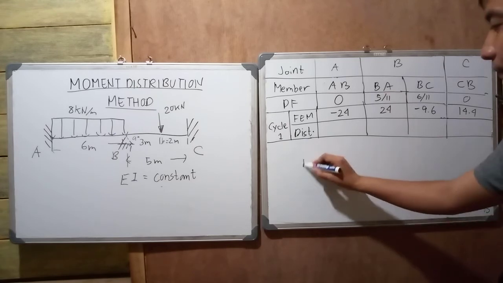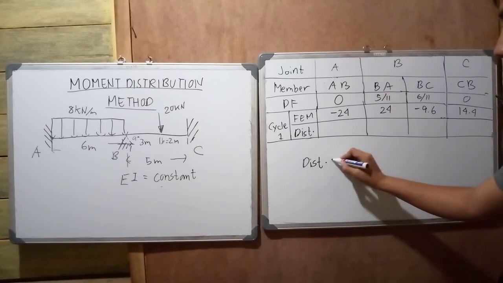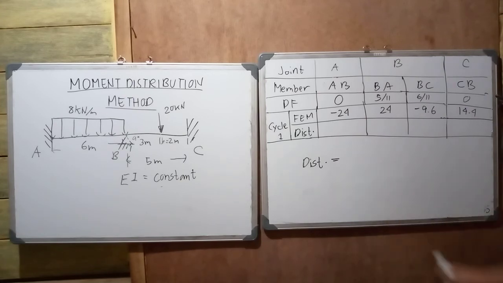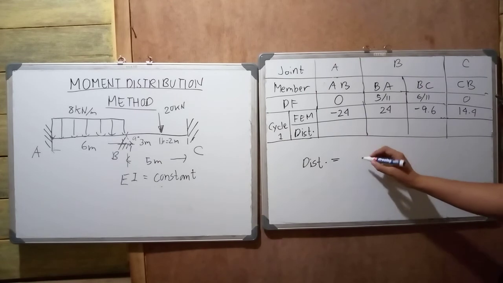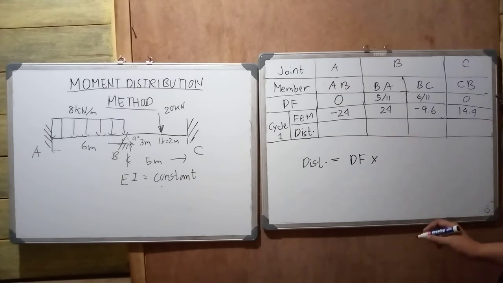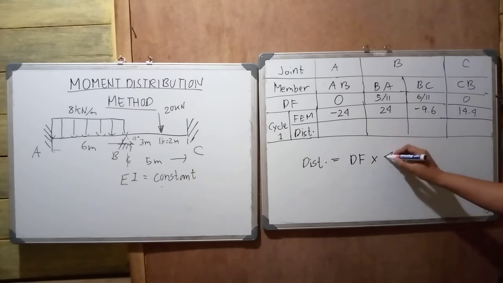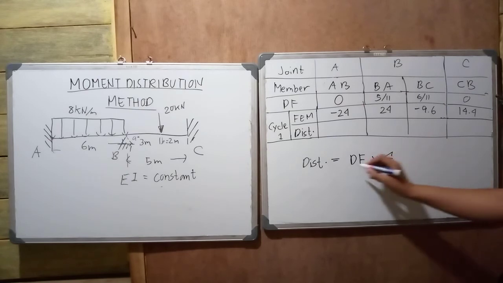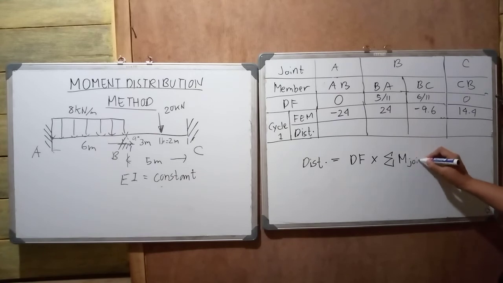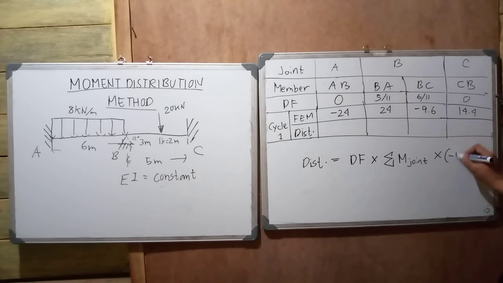So, yung si distribution natin, ilagay ko dito, the distribution moment is equivalent to the DF times the sum of moments at joint, times negative 1.